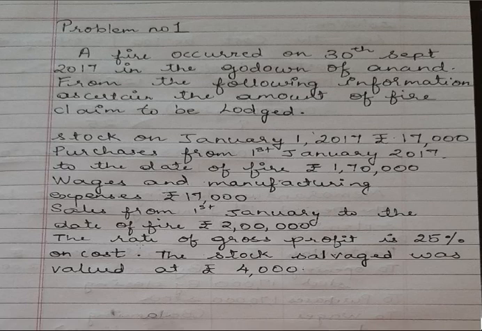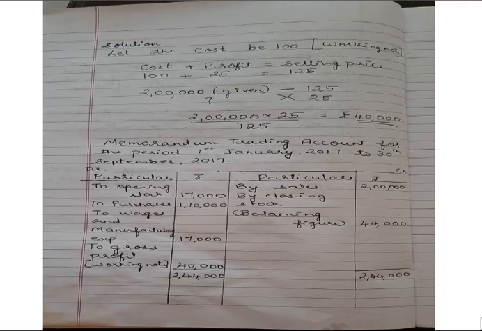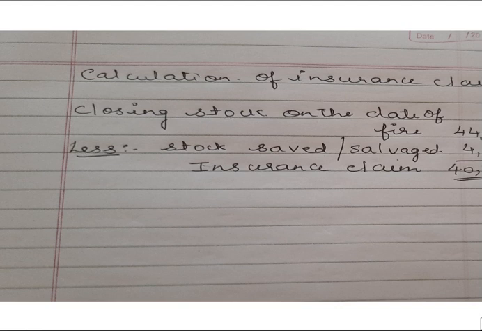Stock saved is given in the problem, it is 4,000 rupees. Stock saved is nothing but salvage. At the end it is given in the problem, 4,000 rupees. So that 4,000 you have to write.